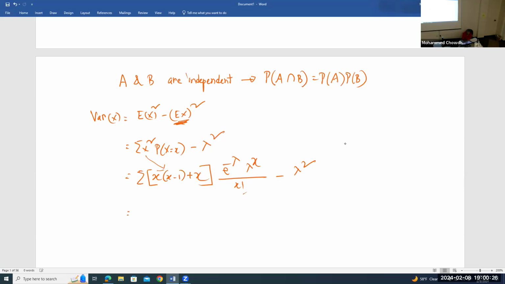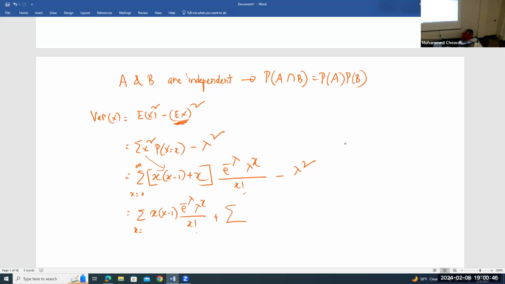So now take a look at that. X takes value here 0 to infinity. So I want to now multiply x into x minus 1, e to the power minus lambda, lambda to the power x over factorial x.